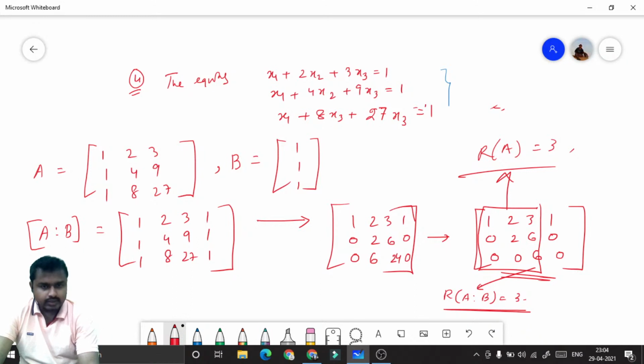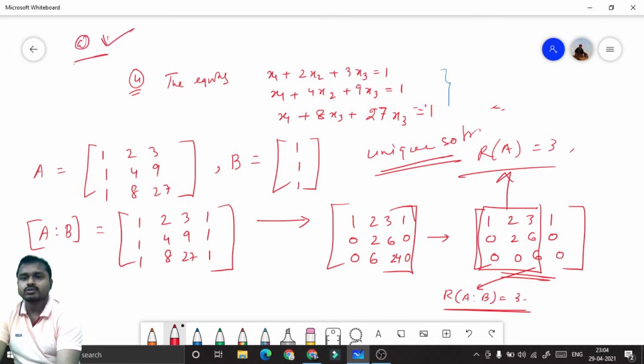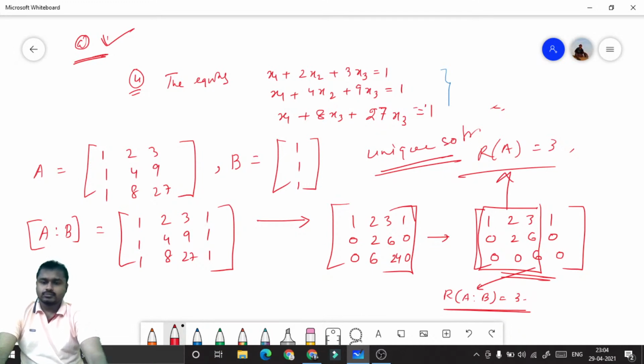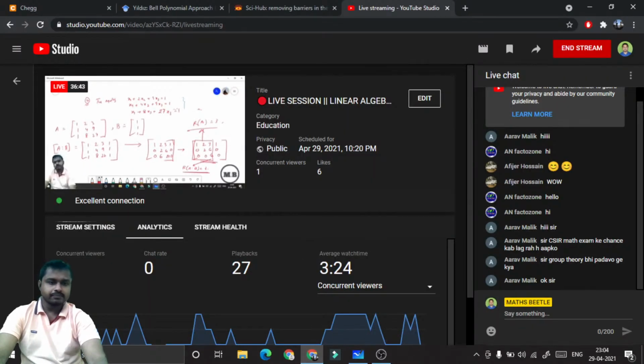So it is the case for a unique solution, exactly one solution. So your first option was the correct option. It was a very straightforward type of problem, but you should have these results in your mind while solving these questions.